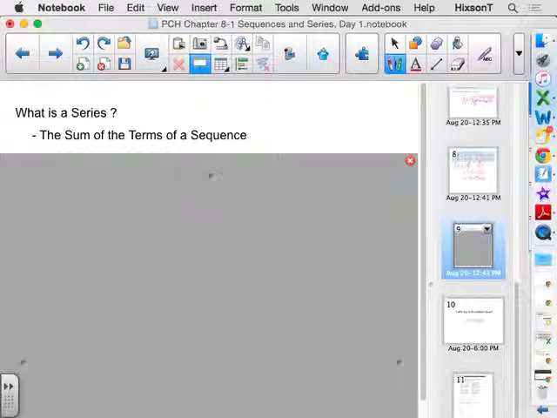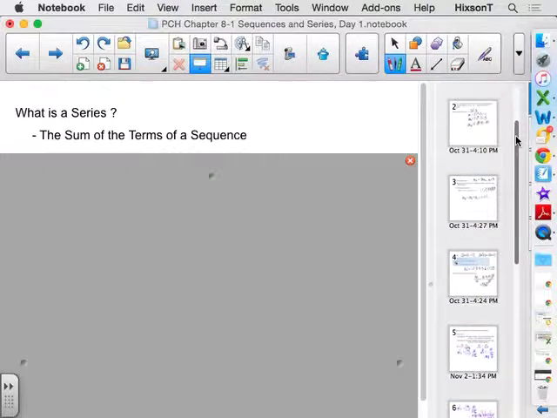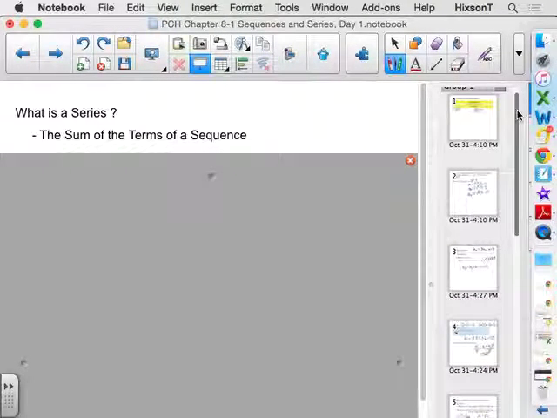Now, as you've noticed when we've looked at sequences, what happens to the numbers in the sequence? They just keep getting larger and larger and larger. So if I ask you to find what's the sum of all the terms in this sequence, what's going to happen?